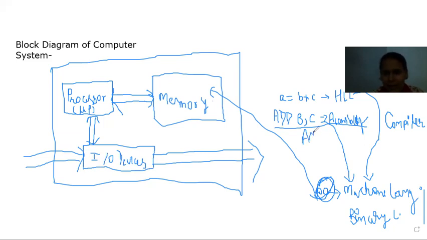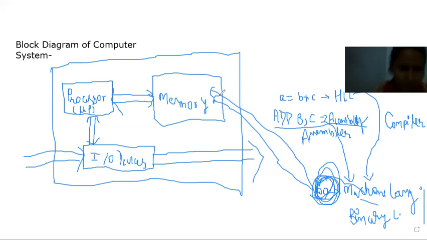Assembler is also a software, or you can say that it is a program which is used to convert the assembly language program into the machine language. So now this form can store in the memory.